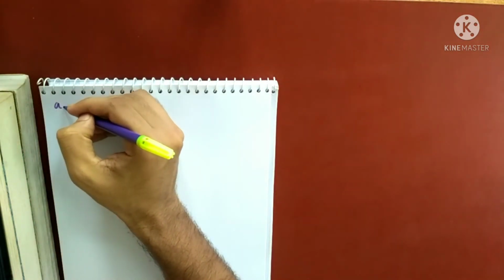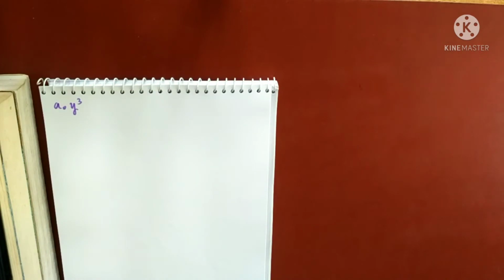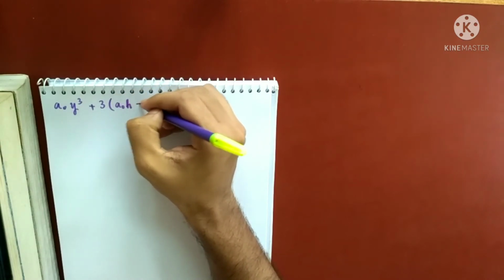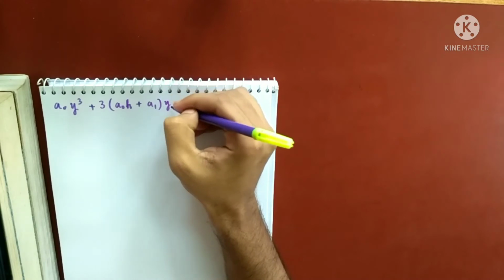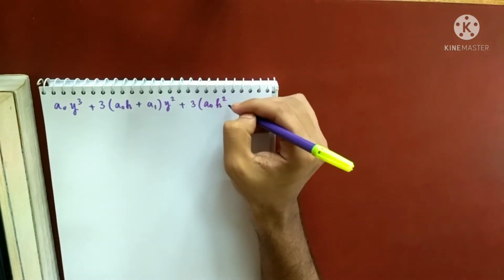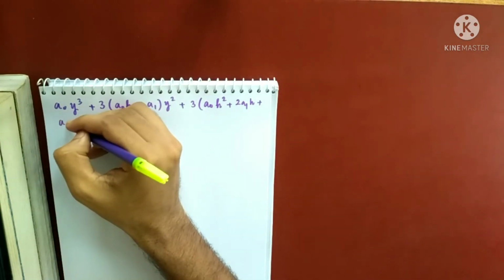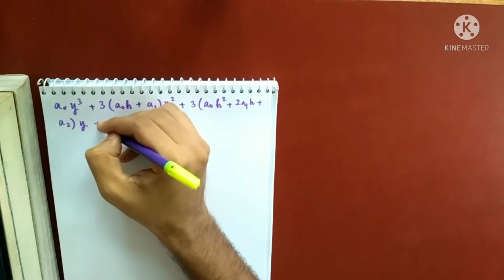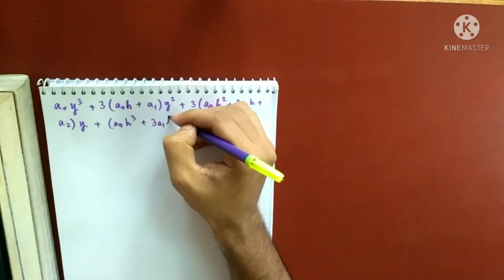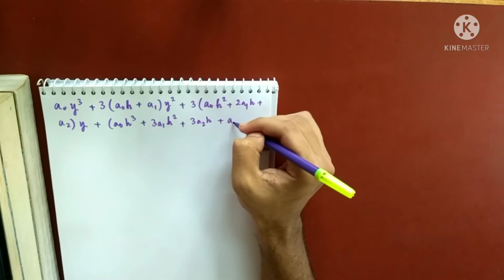So what I had: a0 y cube plus 3 times a naught h plus a1 y square, plus 3 times a naught h square plus 2a1h plus a2 y, plus a naught h cube plus 3a1h square plus 3a2h plus a3 equals to 0.